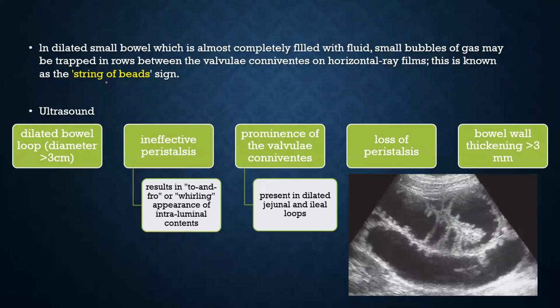In a dilated small bowel, there will be the presence of valvulae conniventes, and in between these valvulae the air will be trapped. We will be able to see the string of beads sign in dilated small bowel loops because of the air trapped between the valvulae conniventes.